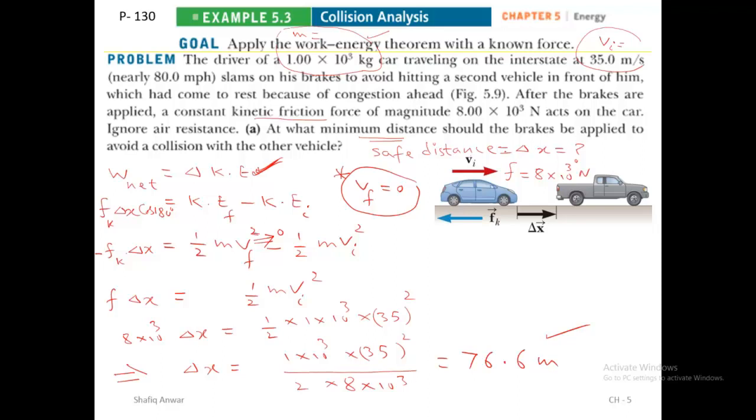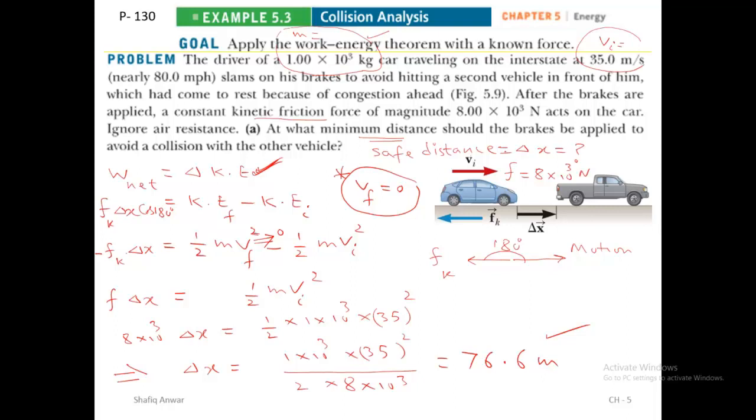Theta is 180, right? Because motion is this side and force of friction is this side, right? So theta is 180 degree and cosine 180 is minus 1. That's why we have minus here.